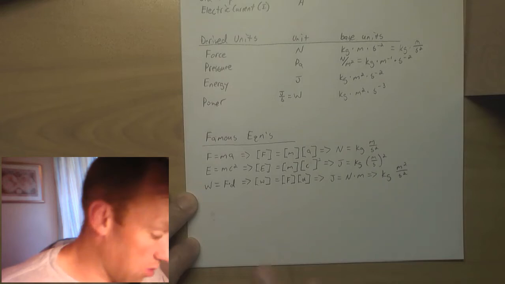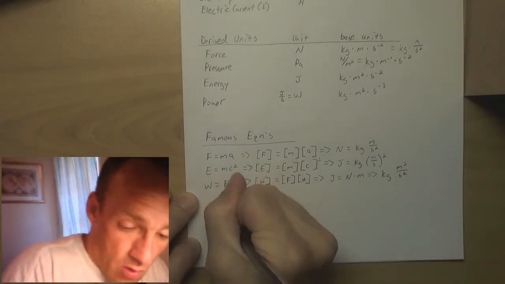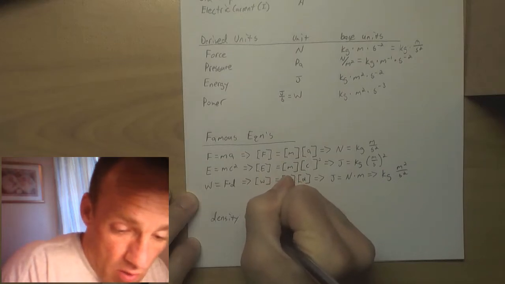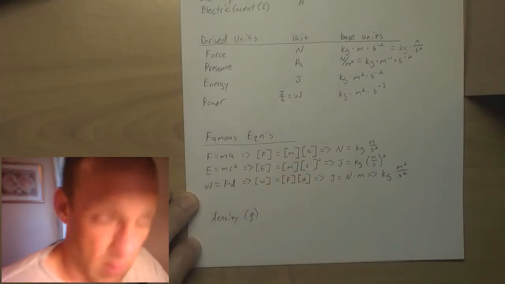in this class. So there's the quantity of density, and this is my Greek letter rho. That's what it looks like.